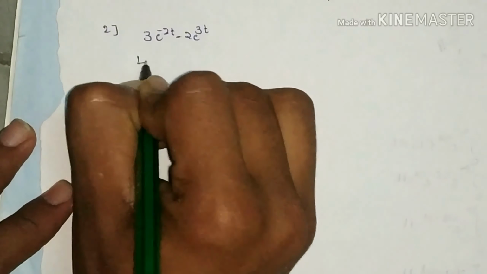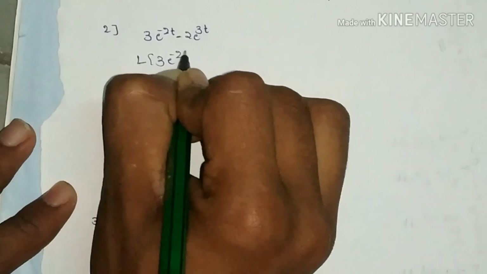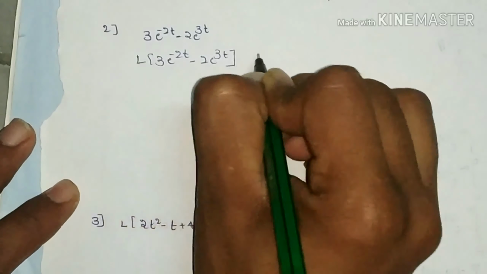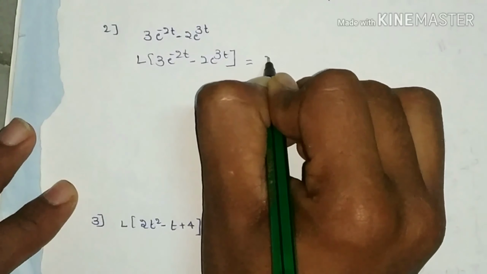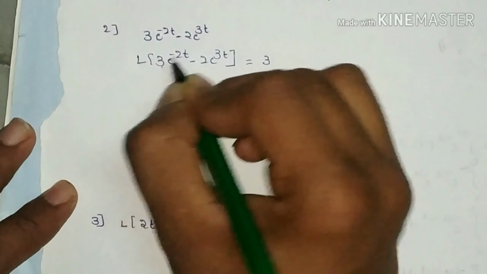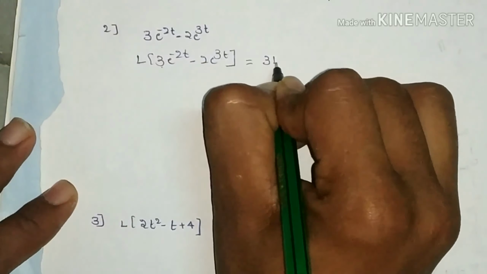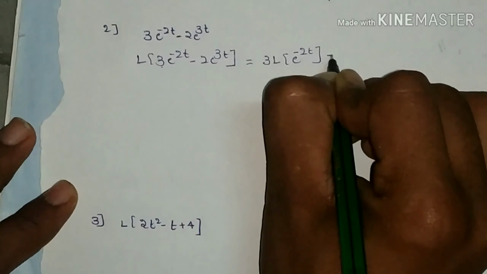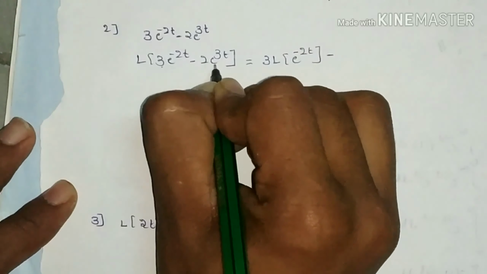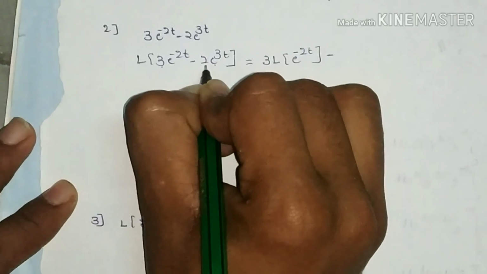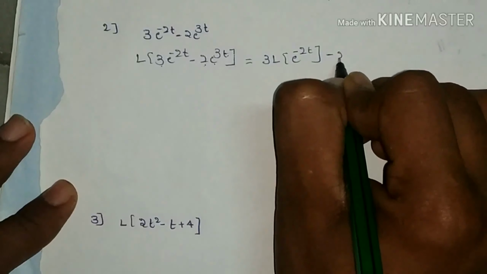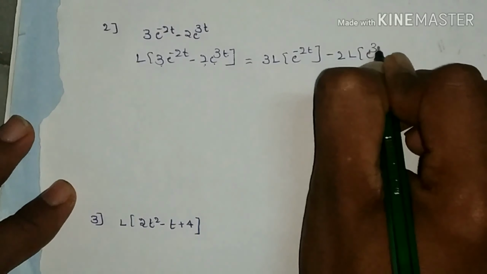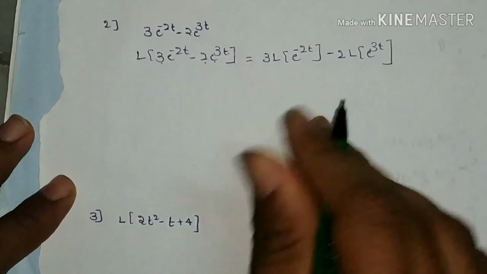Next one, 3 into e raised to minus 2t minus 2 into e raised to 3t. So Laplace transform of 3 into e raised to minus 2t minus 2 into e raised to 3t. Take individual Laplace for each term. Here 3 is a constant, take it outside from the Laplace, and Laplace of e raised to minus 2t as it is. Here 2 into e raised to 3t is there. Here 2 is a constant, therefore I will take 2 outside from the Laplace, and Laplace of e raised to 3t as it is.